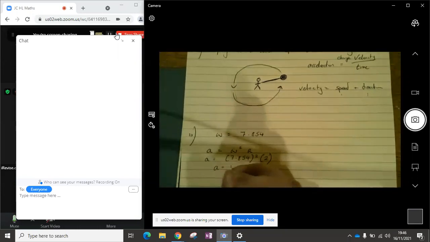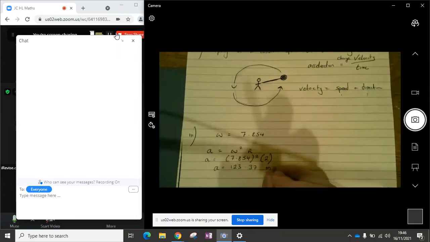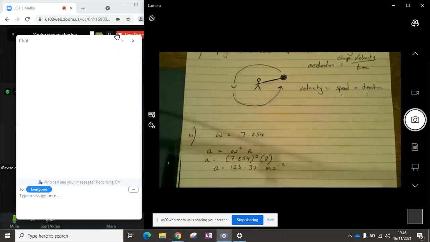A is equal to 123.37, and because it's acceleration, the units are meters per second squared. It's quite straightforward: multiply the angular velocity squared by the radius.